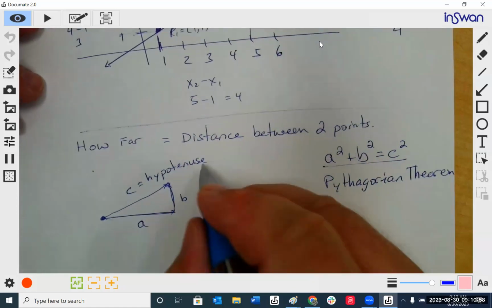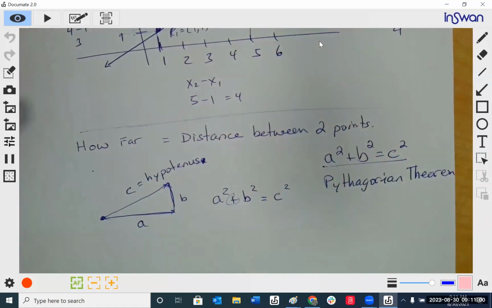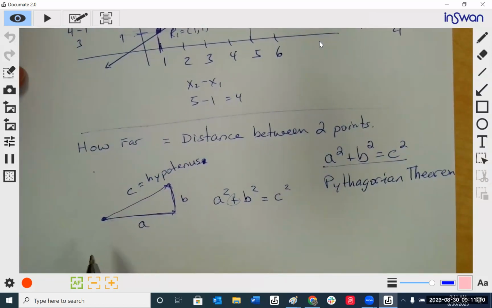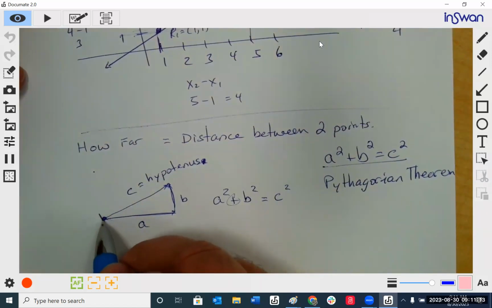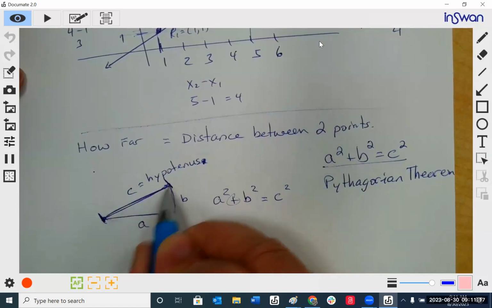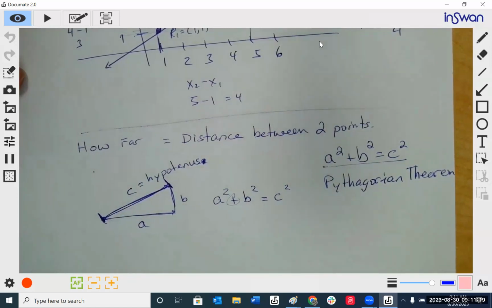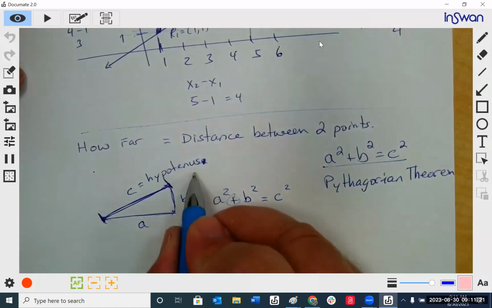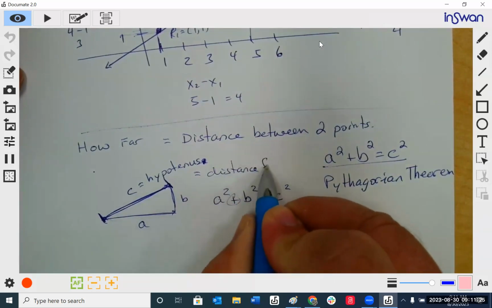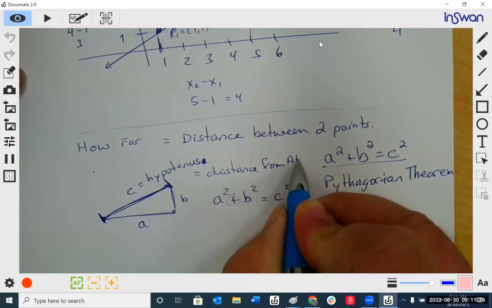It's called the hypotenuse. Basically, the hypotenuse is the distance from this location to this location. So the hypotenuse is the distance from A to B.